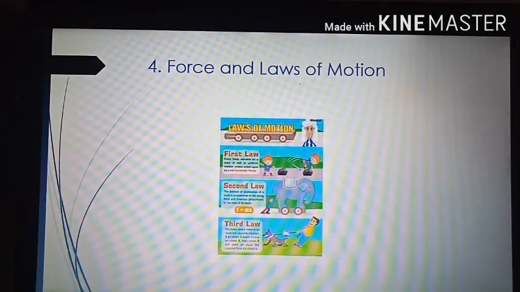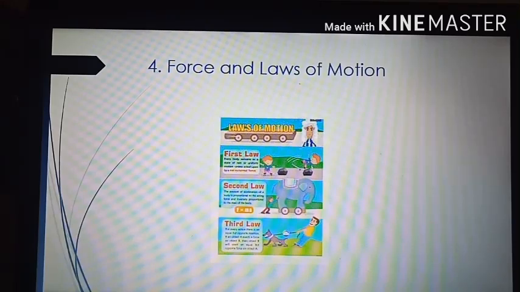The fourth chapter of Standard 9 is Force and Laws of Motion. In this chapter, we will learn about balanced and unbalanced forces. First law of motion: we will describe the first law of motion with the help of inertia.